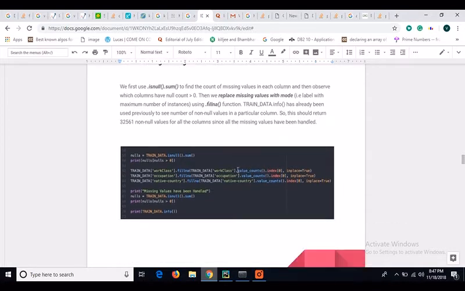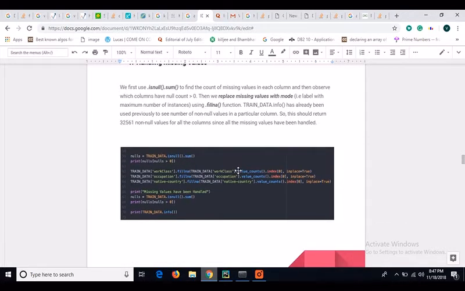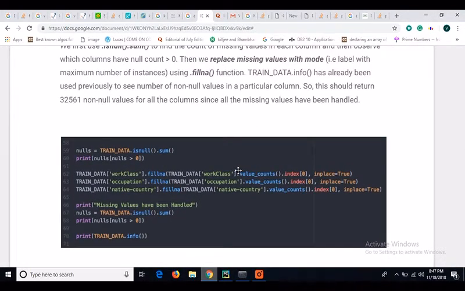The missing values are handled using the fillna function. While loading the data set initially into the data frames, train data and test data, we had replaced question marks with NA values. So now this fillna function will replace all those NA values with the mode value of that column. This is done by using .value_counts().index[0].